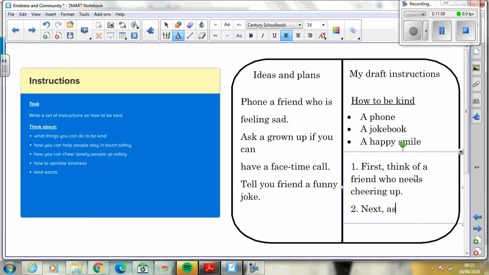Next, ask a grown-up if you can call them, and so on. And that's your set of instructions.